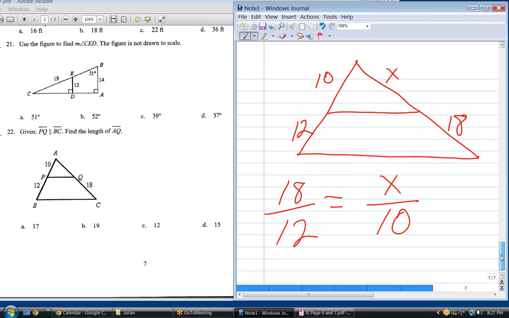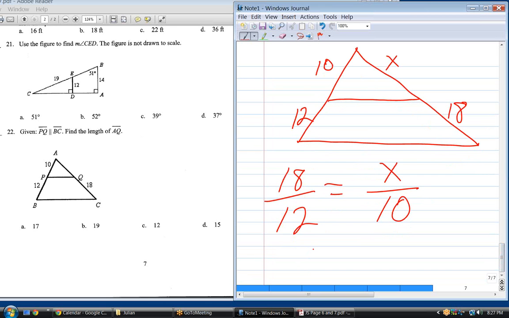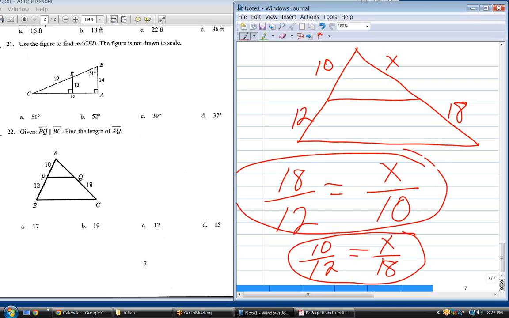Notice you said 10 is to 12, X is to 18. Well, notice if I cross multiply both of these, I get 12x equals 180. This one gives me 12x equals 180. So x is equal to 15 regardless of which way I do it.